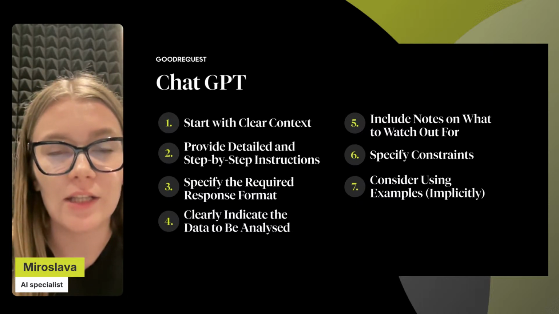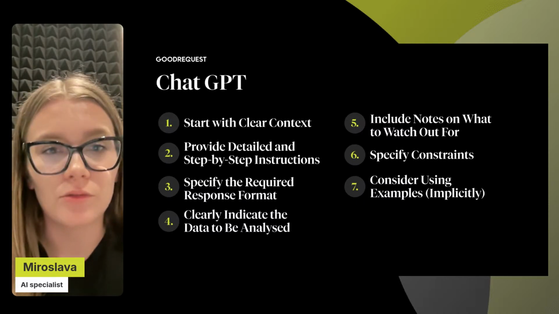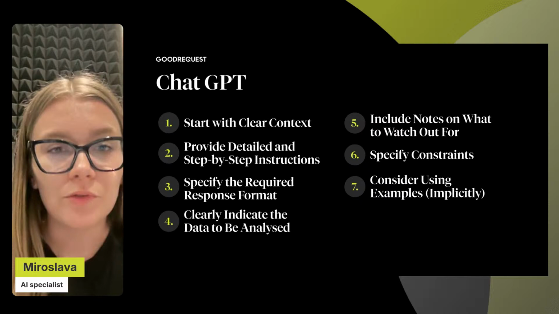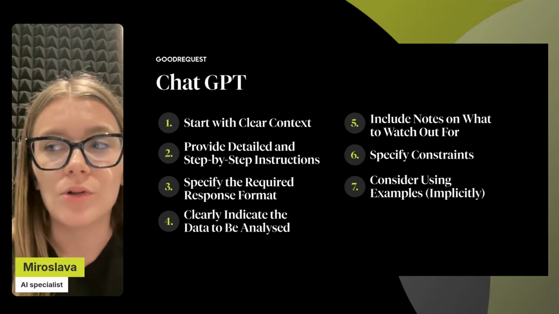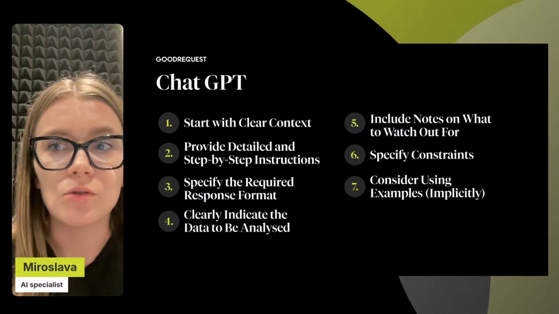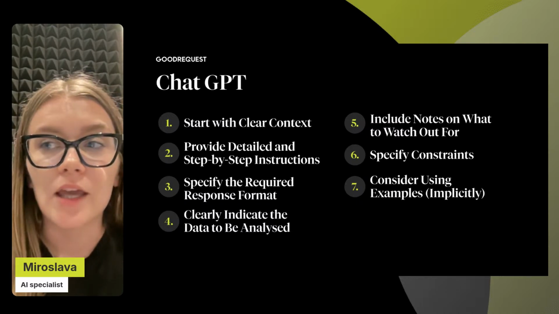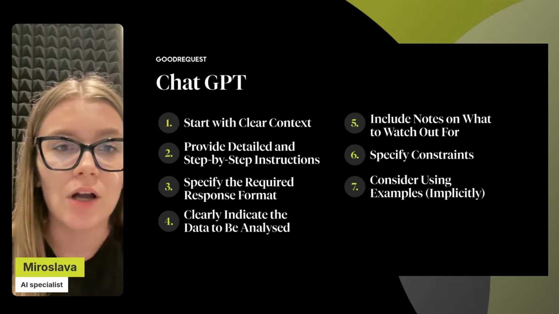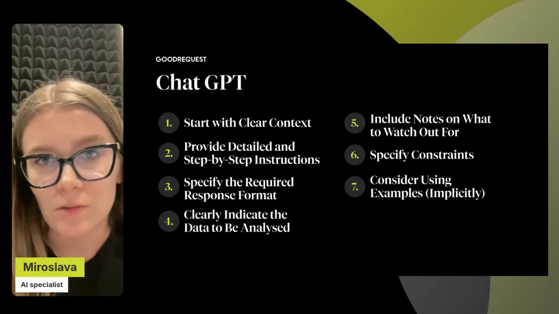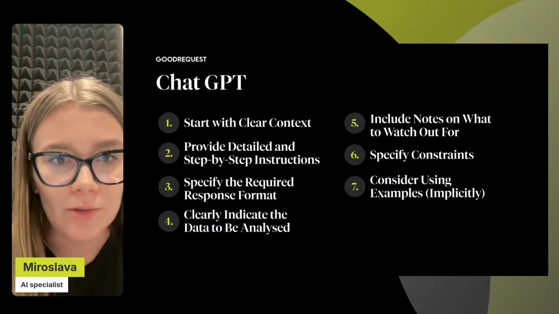So I will state that I want to analyze these product reviews. I will provide detailed step-by-step instructions. So for example, I want the GPT to look at every comment and every review, and find out what advantages and disadvantages customers are speaking about.